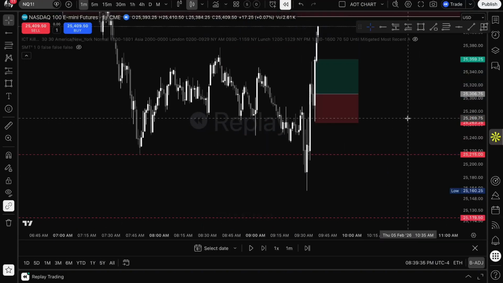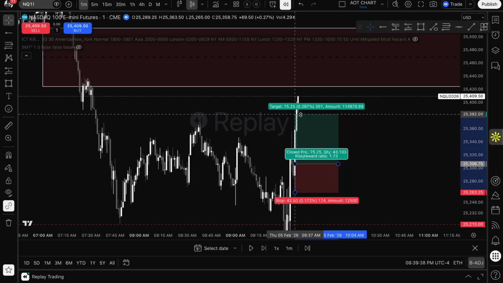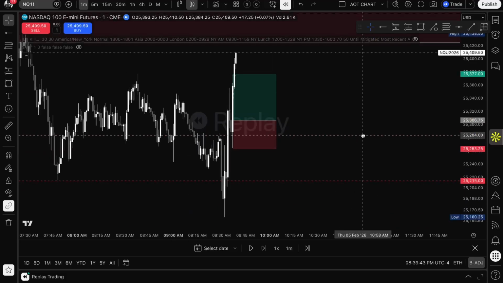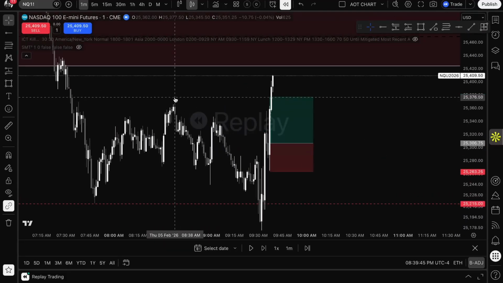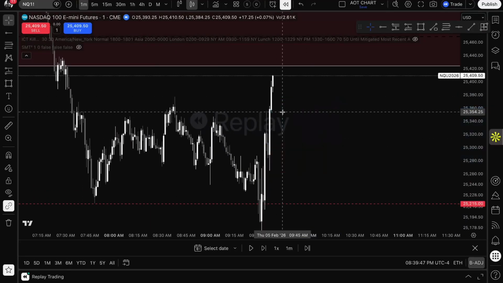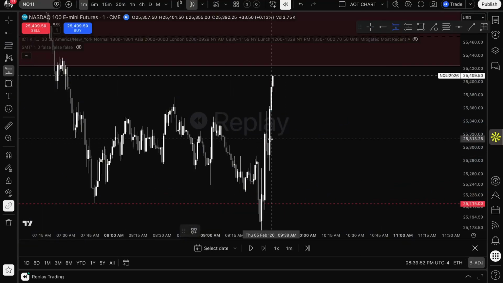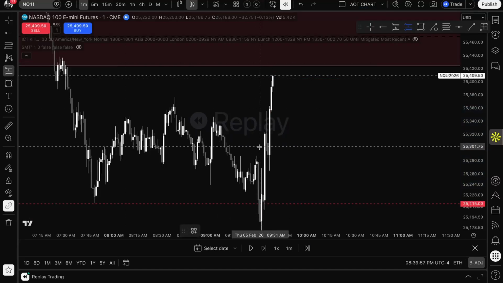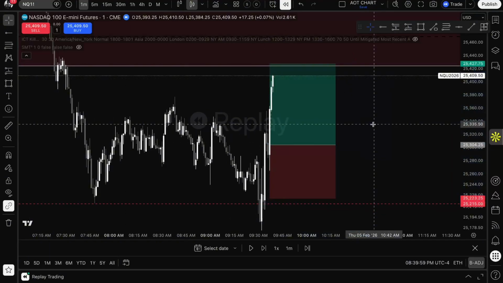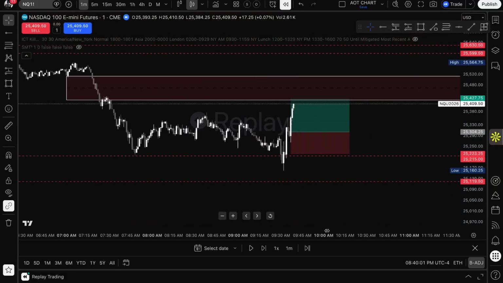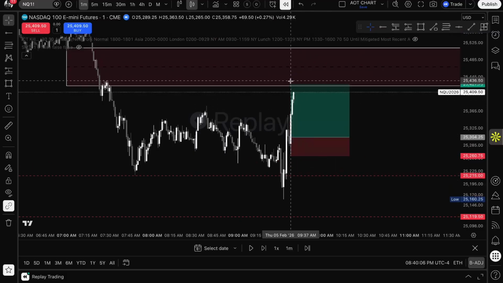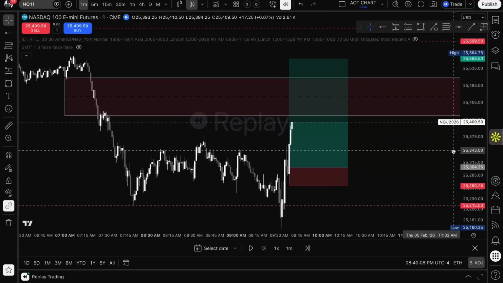If your narrative is bullish, you could have taken that trade, and we probably got some type of bullish SMT with ES too. But say you took this trade, with your stop loss right here, and you want to target something crazy.